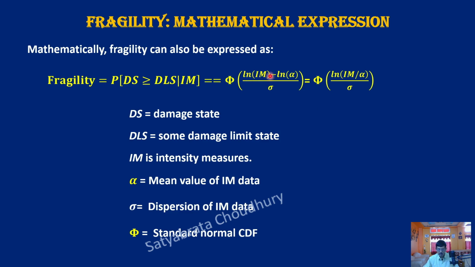Since log A minus log B equals log A by B, I can also write it as ln(IM/α), where α is the mean value of the intensity measure data and σ is the dispersion or standard deviation of the intensity measure data. So this is the mathematical expression.